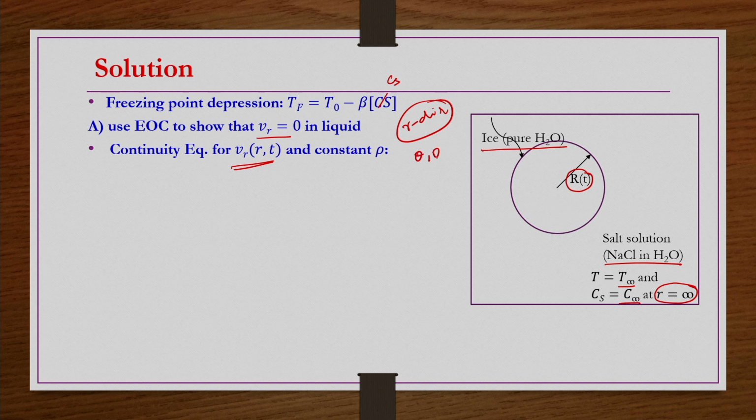So, theta and phi will not be taken for anything, whether it is conservation of mass, momentum, energy or species transfer, whatever is there.